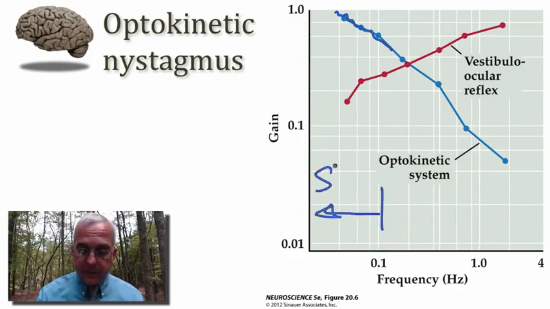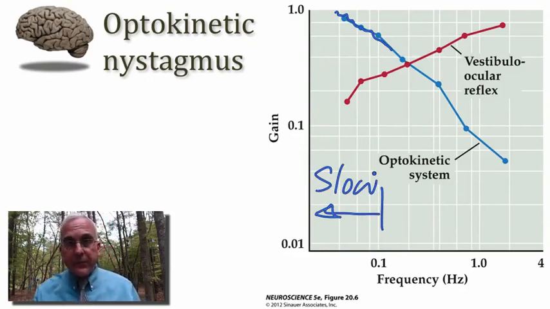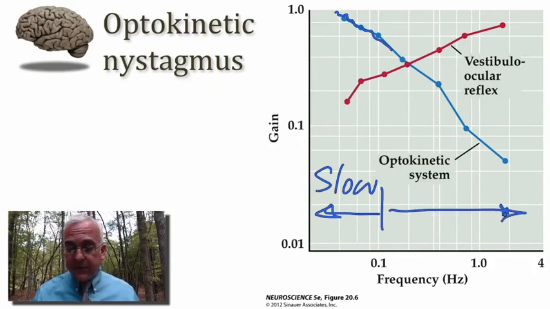So this is a very slow movement, and the optokinetic system helps to stabilize our gaze when there's very slow drift in the visual field. Maybe that drift is because our eyes are moving ever so slightly, or it's because the visual world is moving ever so slightly.